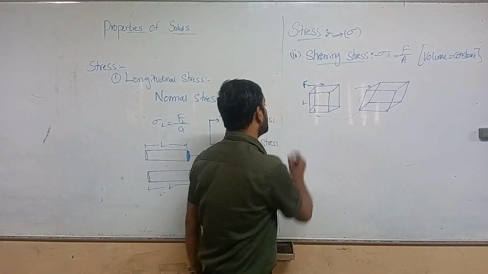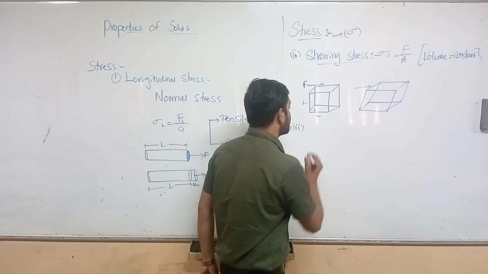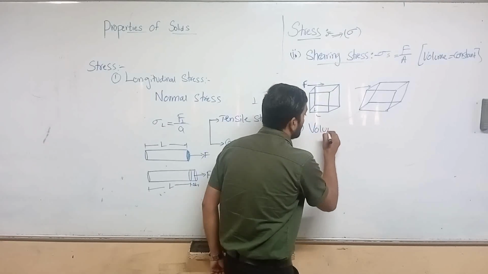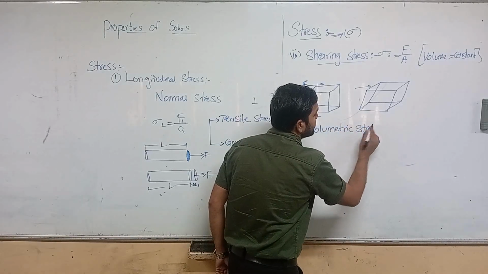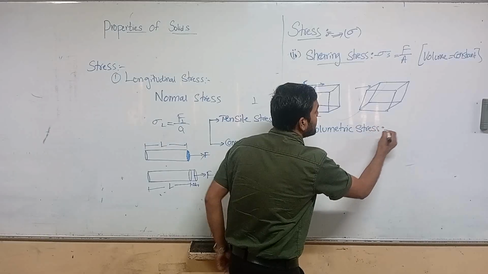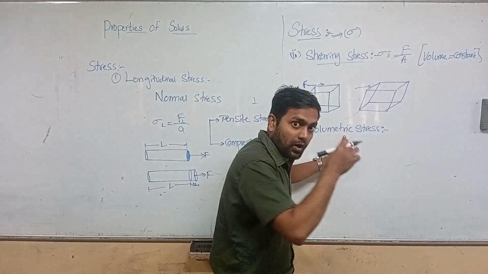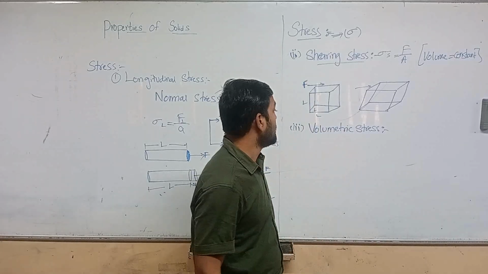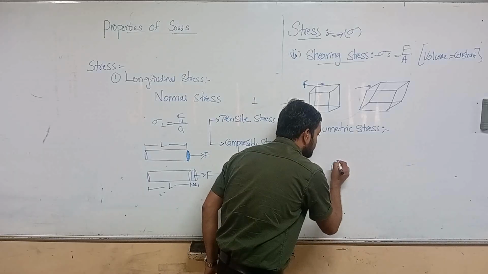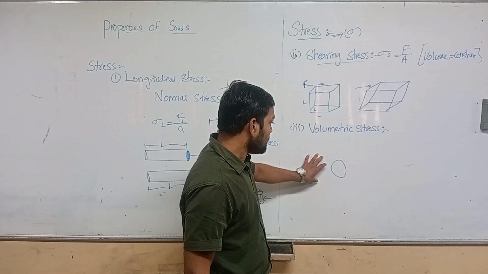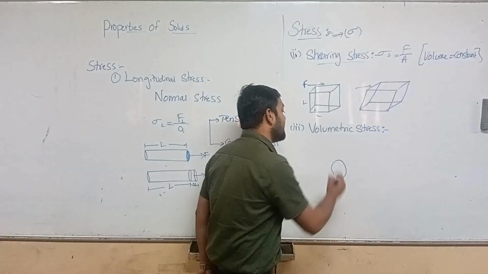Okay, so next we'll see the third one, that is volumetric stress. Here we are having volumetric, that means volume is going to be involved in this, right? So let us take a geometrical shape, a sphere or any object. A body is getting a deformation force in all the directions.